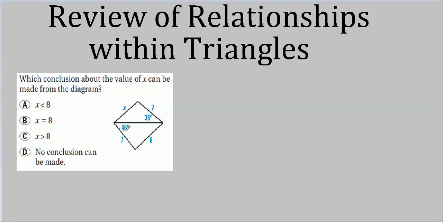So we have an angle in between two congruent sides, here and here. This angle is bigger than this one. So this side here must be bigger than this side here. Or conversely, this side is less than this side, or x is less than h. Pretty easy.